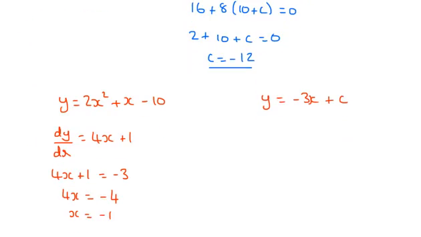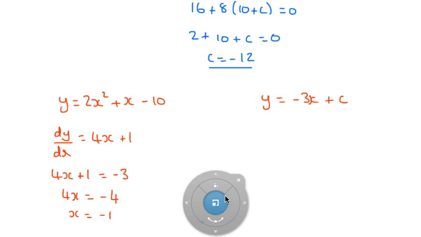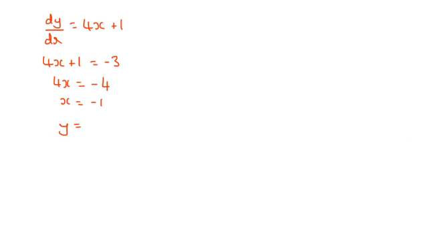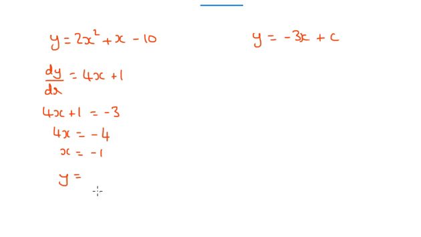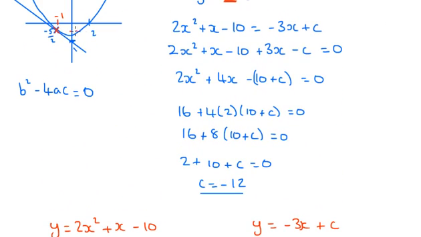If we find the y-coordinate as well, at x equals -1, using the quadratic, y needs to equal 2 lots of minus 1 squared, take away 1, take away 10, which is 2 take away 1, 1, minus 9. So this coordinate here is actually minus 1, minus 9.